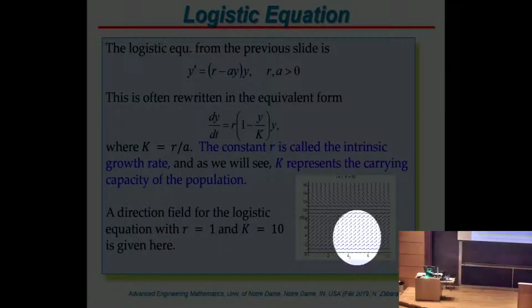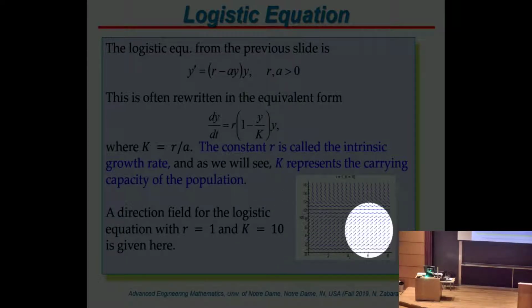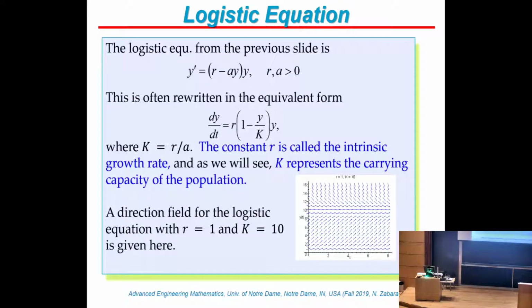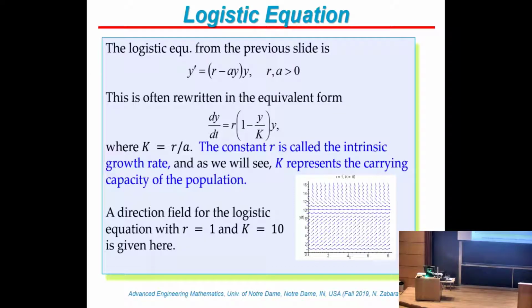If you start with some initial condition anywhere, let's say in this case, k equal to 10, this is one critical point, and y equal to 0 is another. If you start anywhere for y0 between 0 and 10, can you tell me what happens to the solution? Looking at this direction field, anywhere from y0 between 0 and k, what happens to the solution?